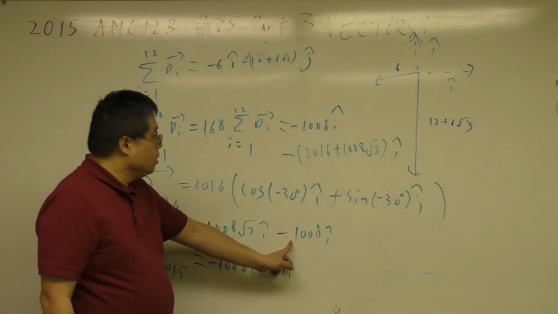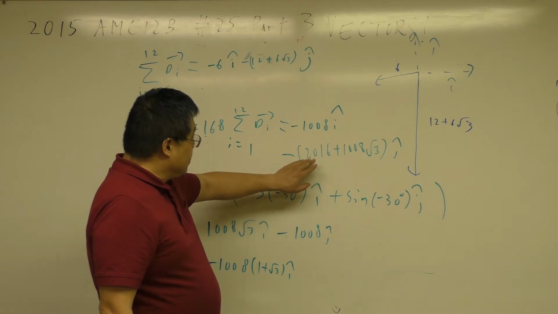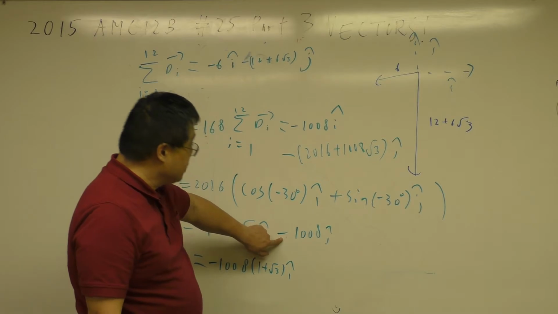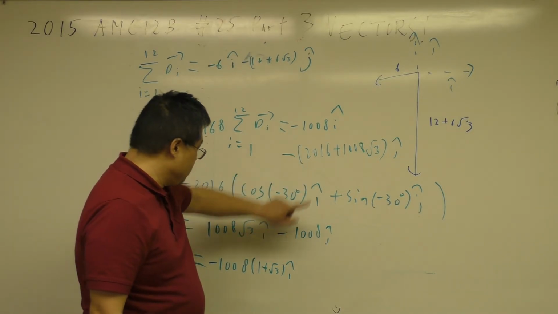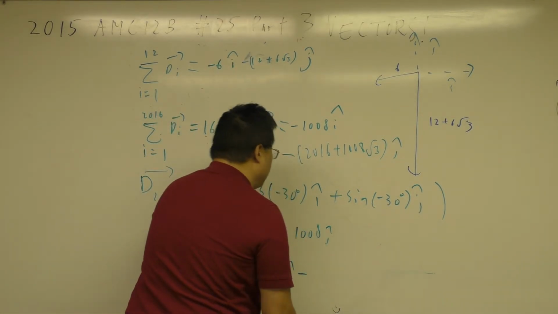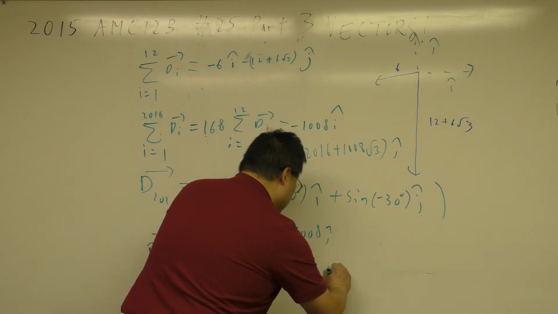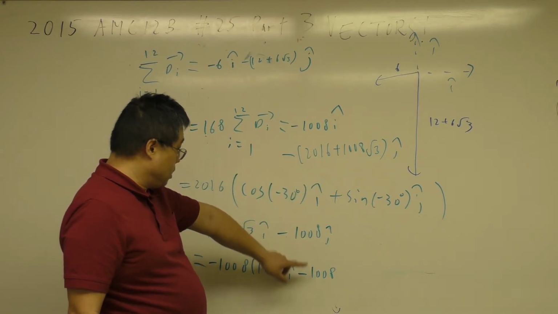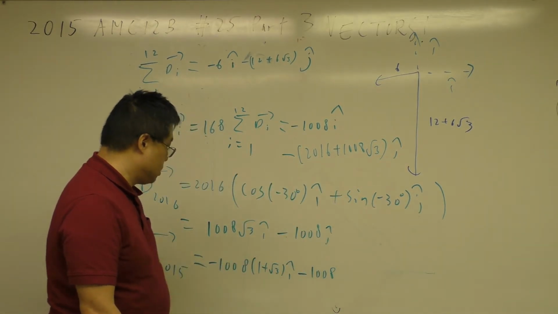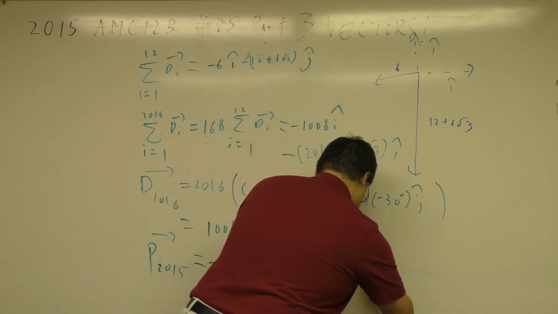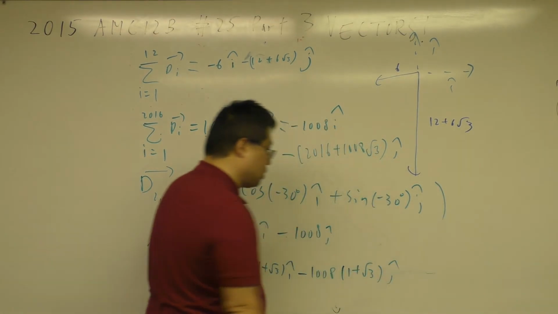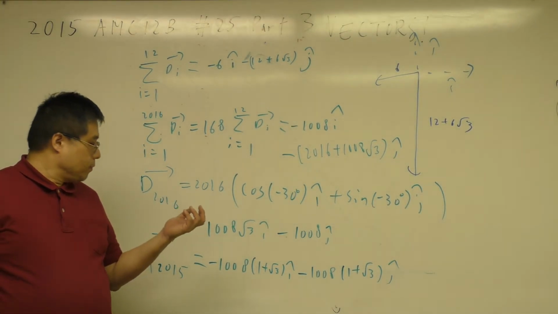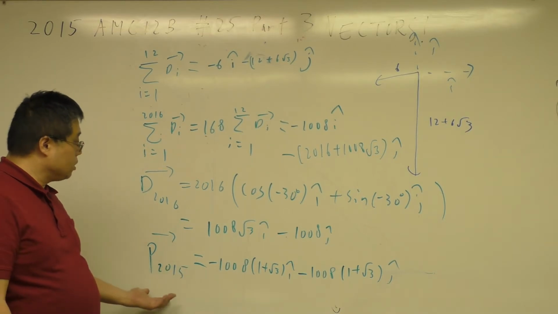And for the j, we have minus 2016 here, but minus this will reduce this part. So we have again minus 1008, because 2016 minus 1008 is 1008. So that is our final position vector for 2015.